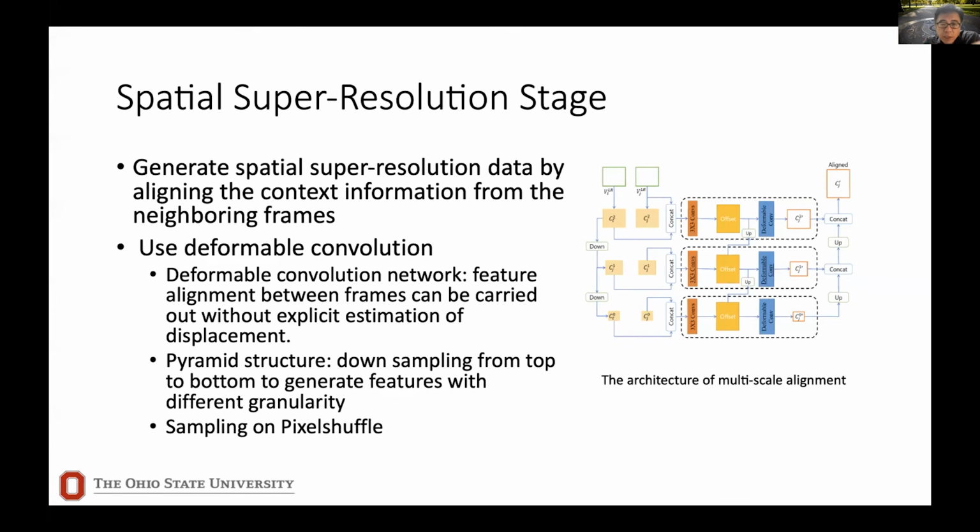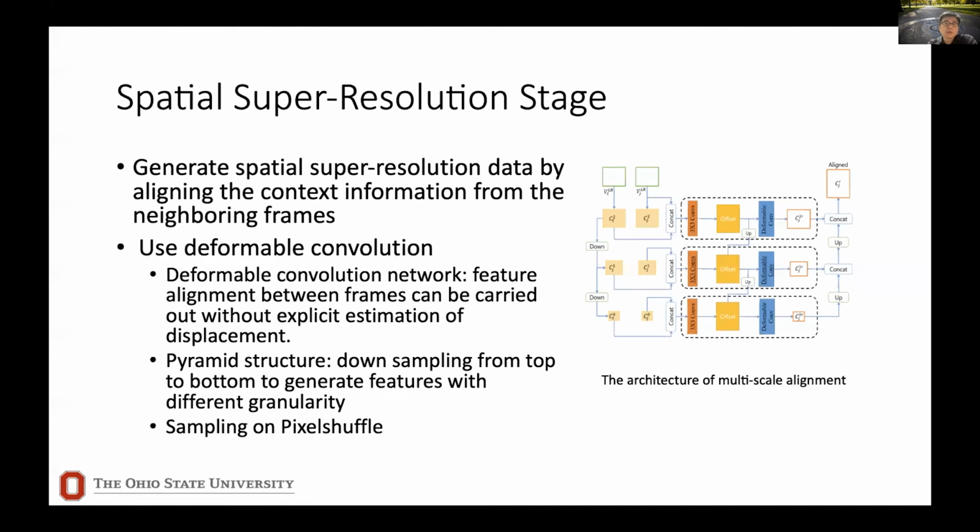However, given a time sequence, if you only perform spatial super resolution on individual time steps without looking at your neighbors, you are going to get the so-called popping effect. When you animate, every time step is reproduced at similarly good quality. However, when you run the animation, you're going to have noise that shows up and disappears. So when you look at the animation, it becomes very, very annoying.